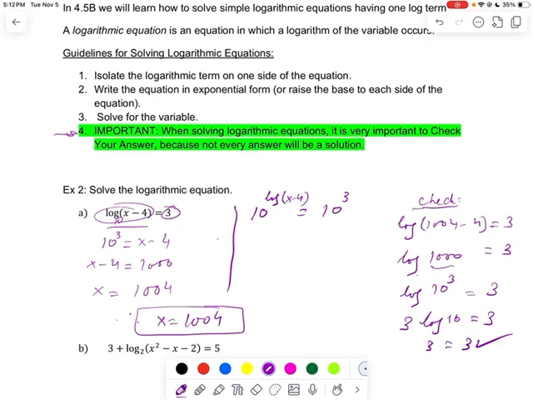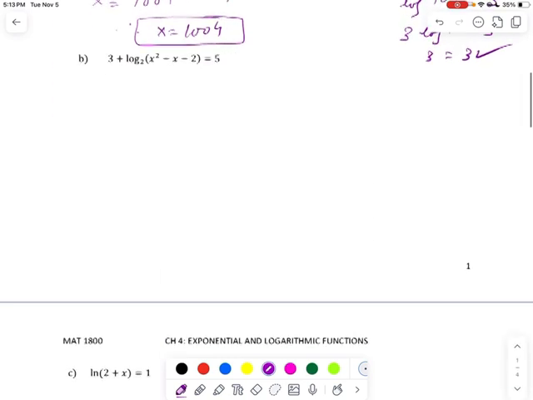So what is the next step? Well, by the property of logarithm, this will give you just x minus 4, and then on the right hand side you have 1000. So you see, we have the same thing that we have here. So you can either do it that way or convert to exponential form directly.